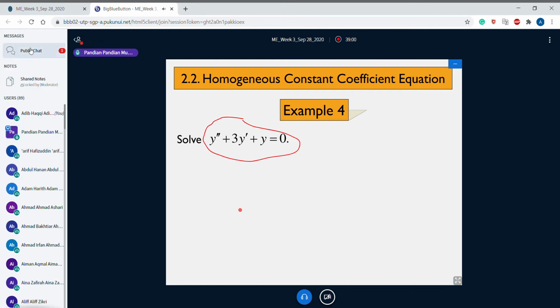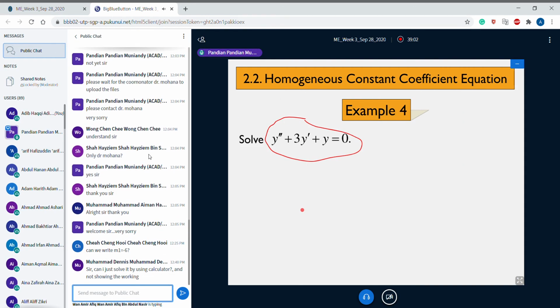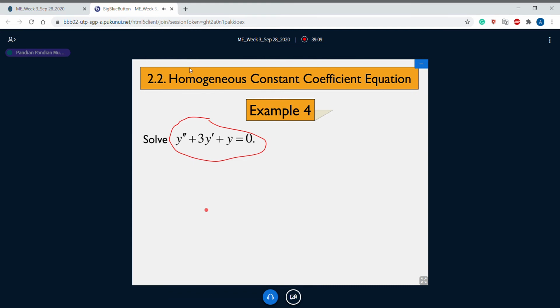In this case, 5 is greater than 0, so we can conclude that the roots are real and distinct. So now you substitute your m equals to minus b, so minus 3 plus minus root b squared, 3 squared, 9, minus 4ac, 4, divided by 2 multiplied by a.